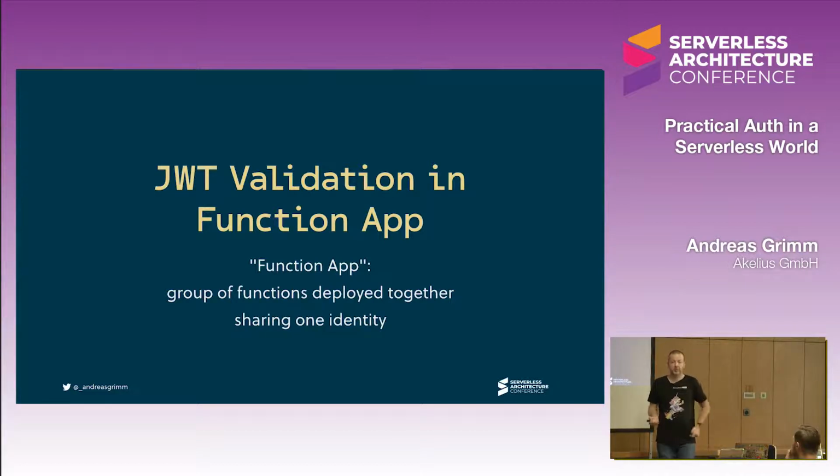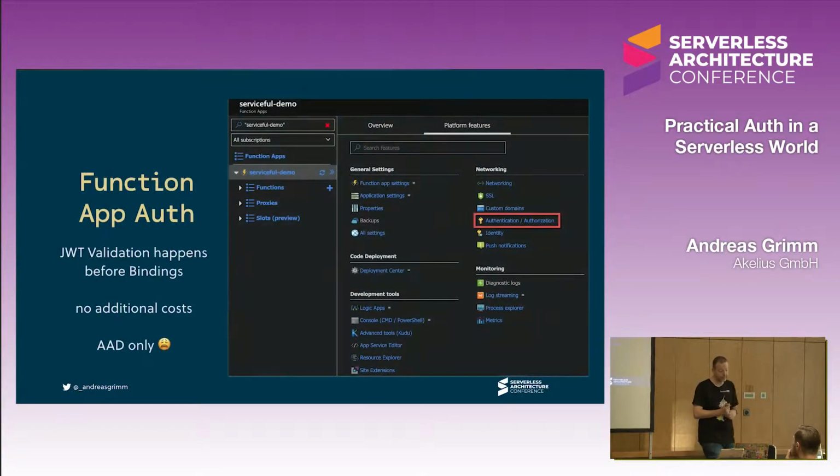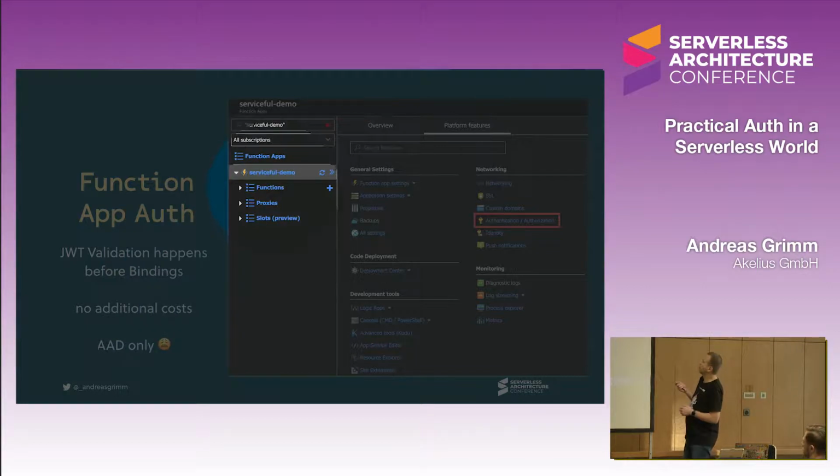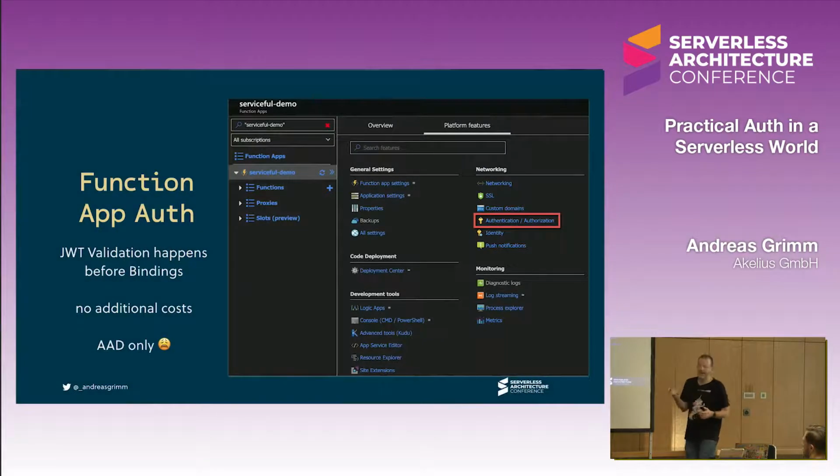So another approach where we could do this is in the so-called function app. A function app is a group of functions that get deployed together and that share one common identity. And this is how it would look in the Azure portal, where for this function app you would go to the settings and activate this authentication.